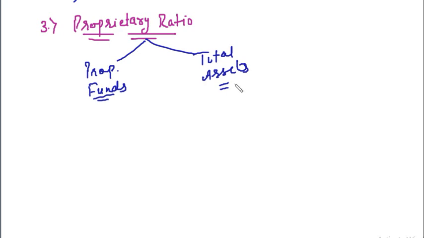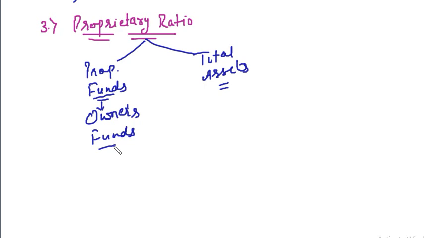So first of all, we have identified the two financial factors between which we study the relationship under the proprietary ratio: the first is proprietary funds and the second is total assets. What are proprietary funds? Proprietary funds are owners' funds, right? So we are going to study the relationship between the owner funds and the total assets.